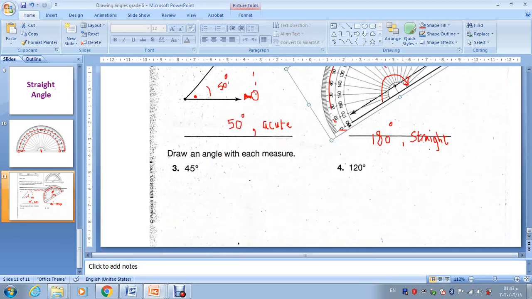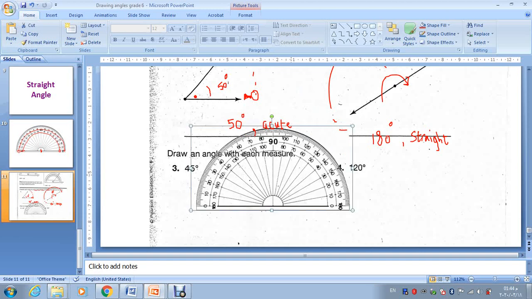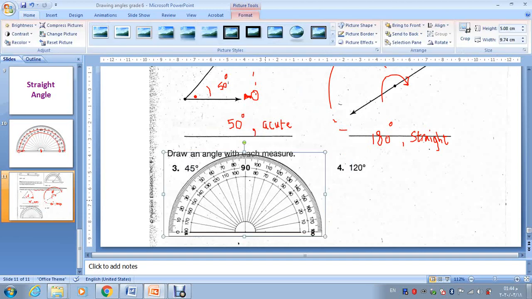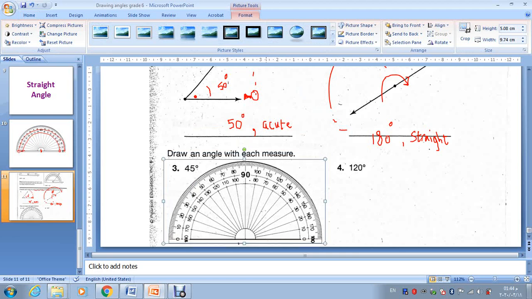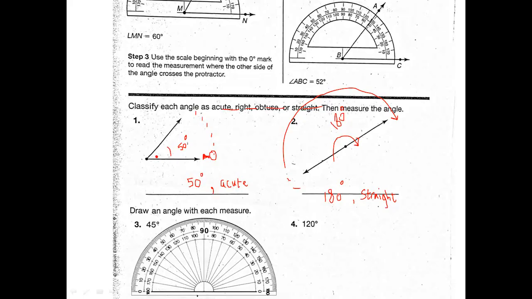Now let's go for drawing. If I want to draw a 45-degree angle, what I will do, I will put the protractor here this way, okay, and then I will get the pen here, then I will just put a dot here next to the 0.